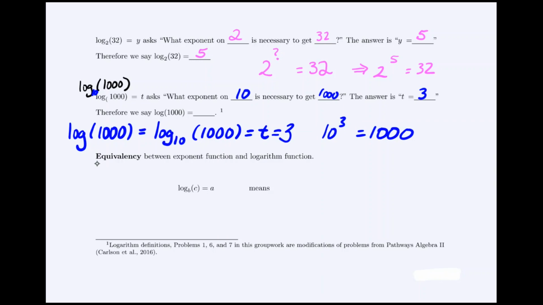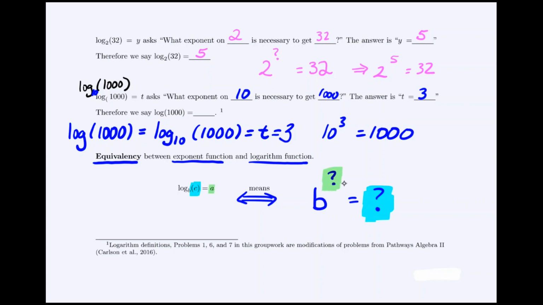Now with this, we can see that there's a real equivalency between an exponential function and a logarithmic function. If we have something expressed as log base b of c equals a, that is equivalent to an exponential equation where we keep the same base b, but we keep in mind these are inverse functions, so the input of one becomes the output of the other, and the output of one becomes the input of the other.